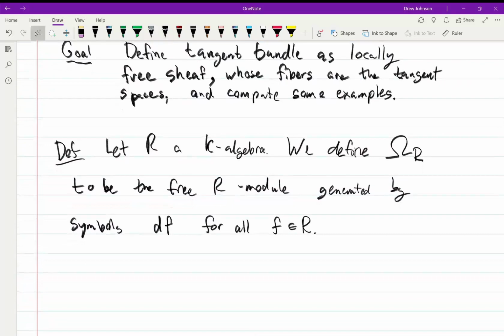We want a way to take differentials of elements of our K algebra. Sorry, so the definition is not done yet.